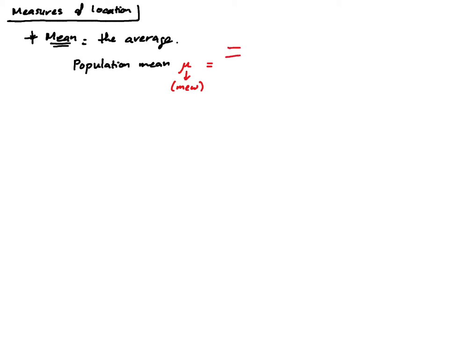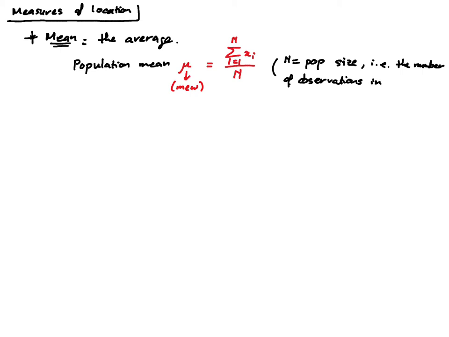By taking the summation of xi for i going from 1 to big N divided by big N, where big N is the population size. In other words, the number of observations in the population. Okay.